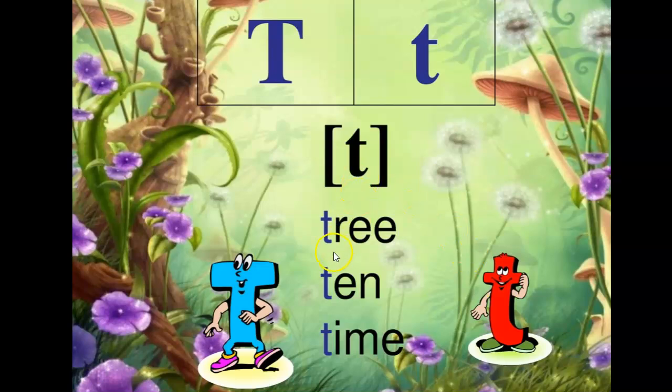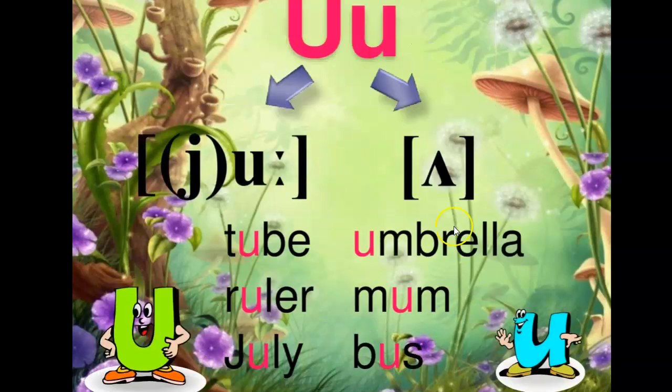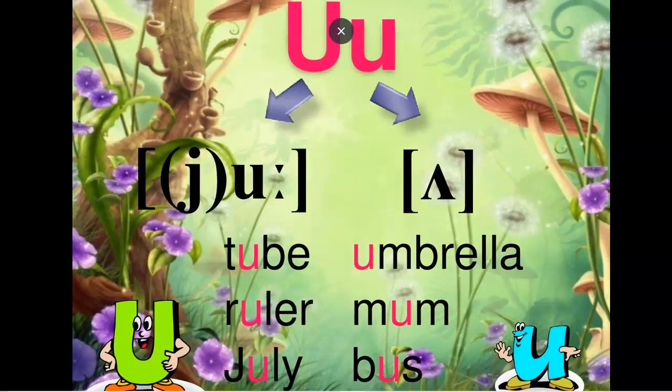T: tree, ten, and time. U will be: tube, ruler, mom, July, bus, and umbrella. Tube, ruler, and July.